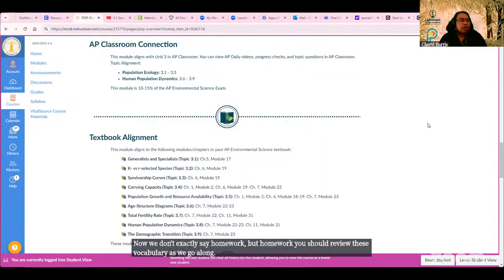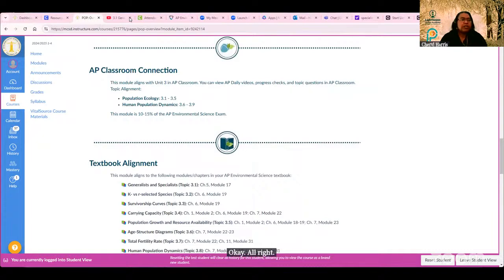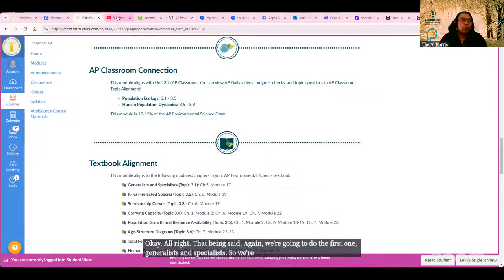Okay. All right. That being said, again, we're going to do the first one, generalist and specialist. So we're going to be looking at 3.1. So let me make sure that you see what I'm seeing.